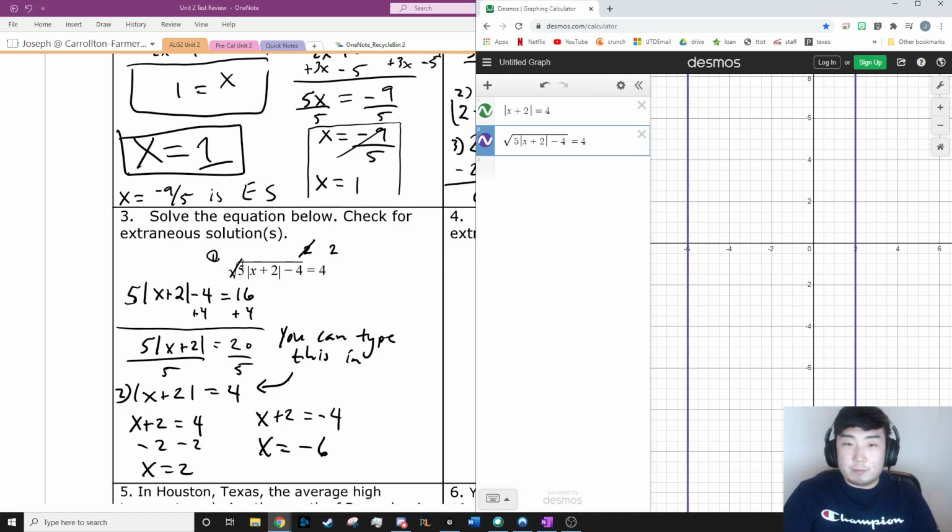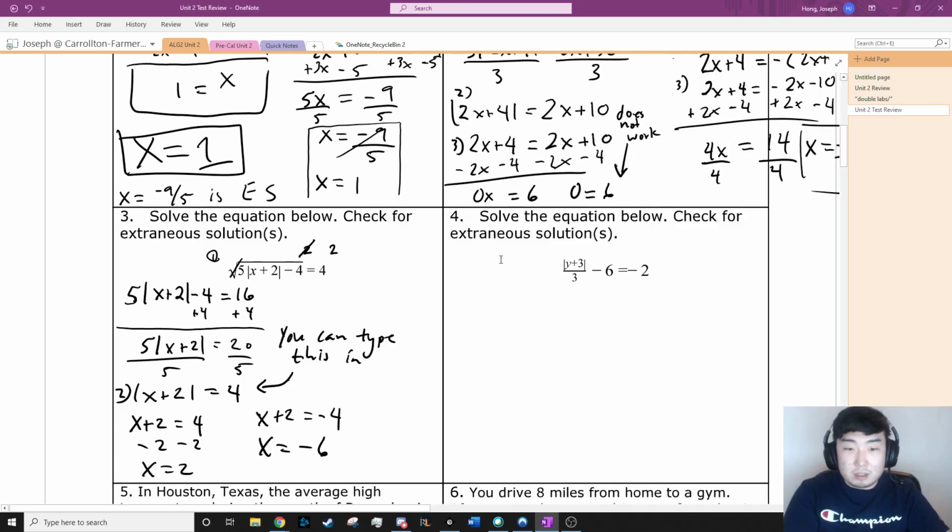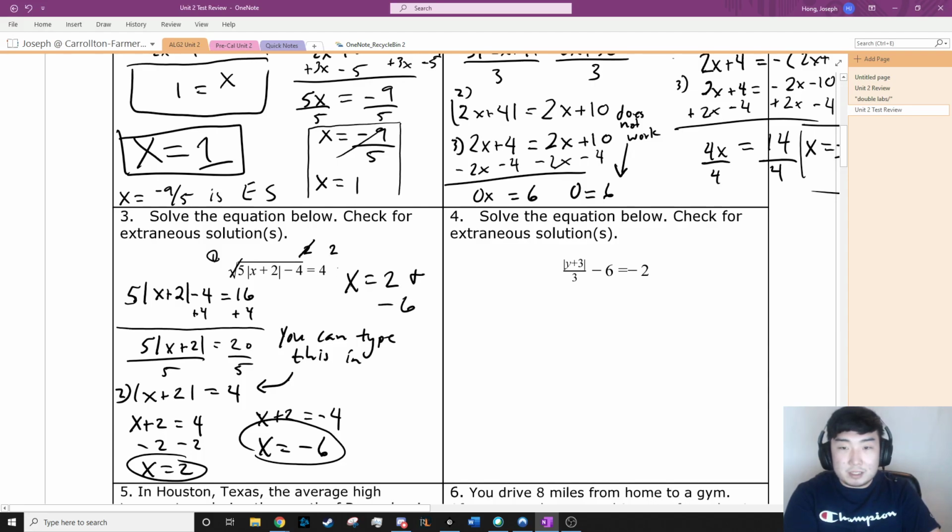So your skill from step 1 to step 2 is to make it look cleaner before you take the absolute value. And our graph shows right here it has negative 6 and it has 2 as our solution. And these are the 2 things that we have highlighted here. So yes, x does equal 2 and negative 6.